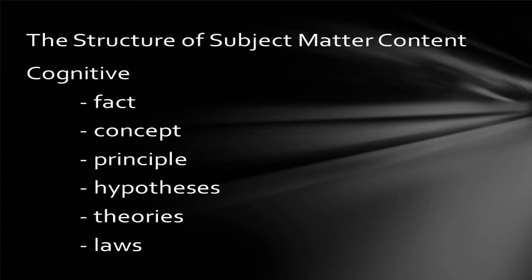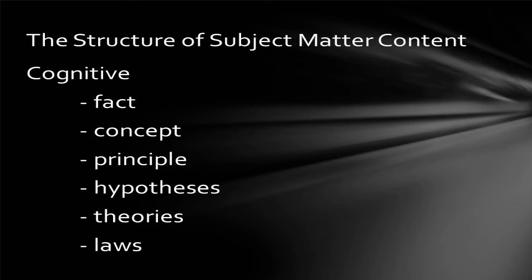So for cognitive, we have fact, concept, principle, hypothesis, theories, and laws. So how are they different from one another? When we say fact, it is an idea or action that can be verified. For example, we have the names and dates of important activities, population of the Philippines.